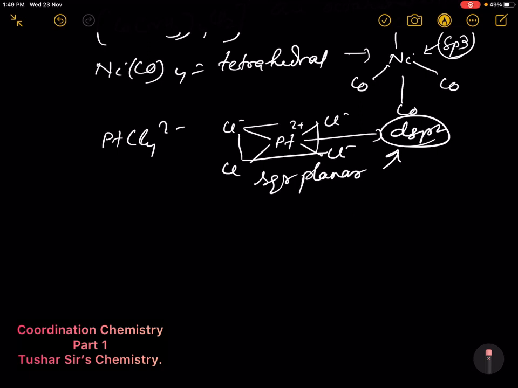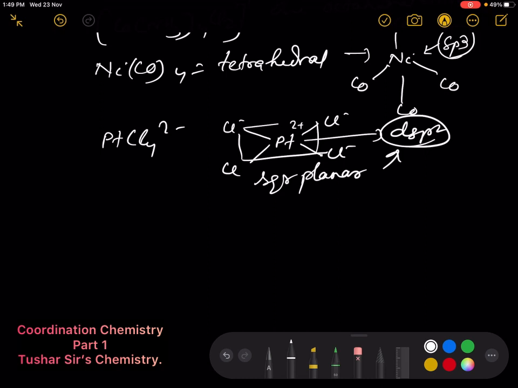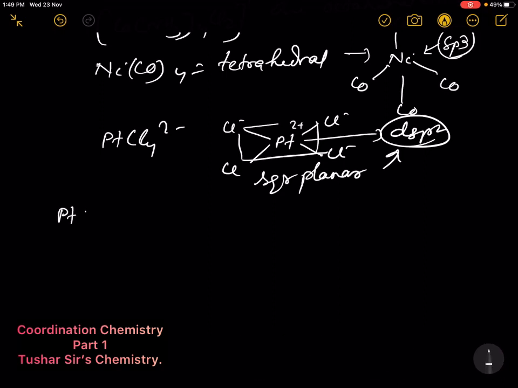PtCl2·2NH3 with excess silver nitrate produces 0 mole of AgCl.